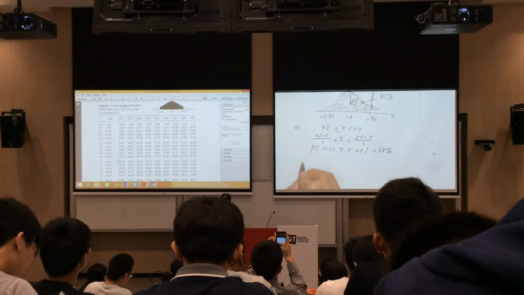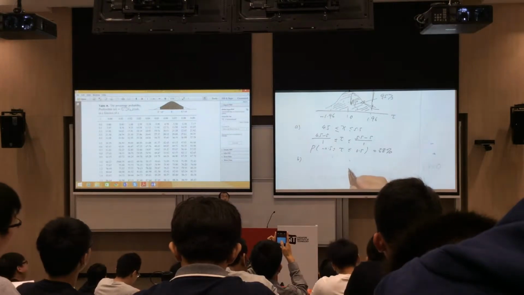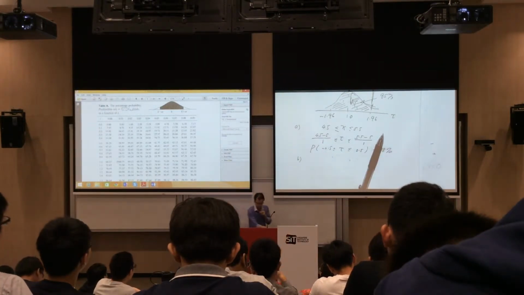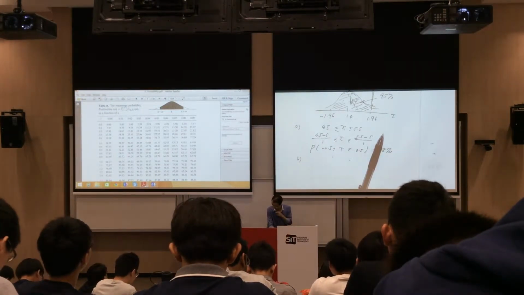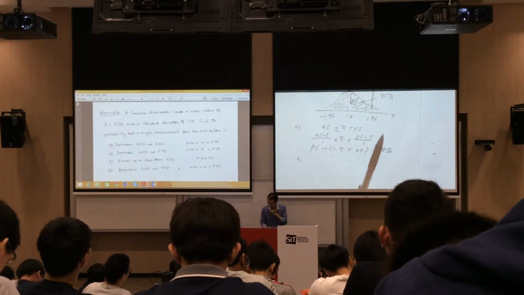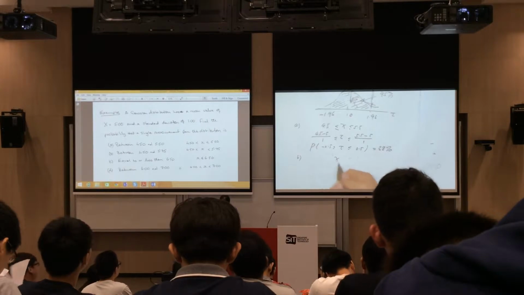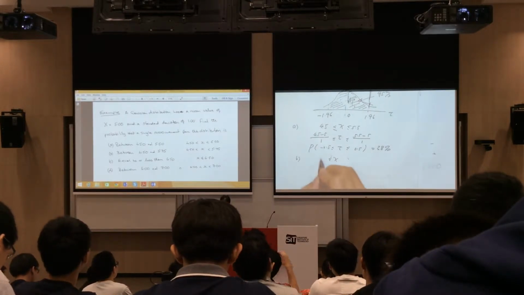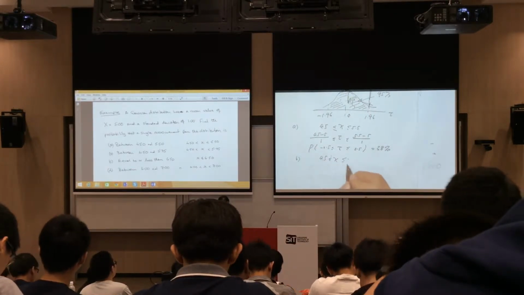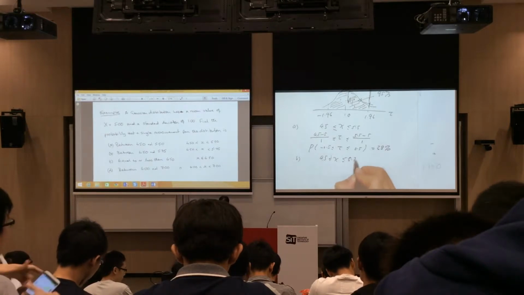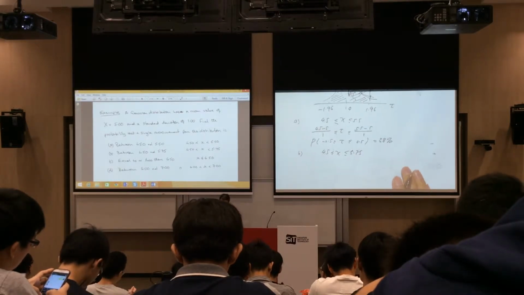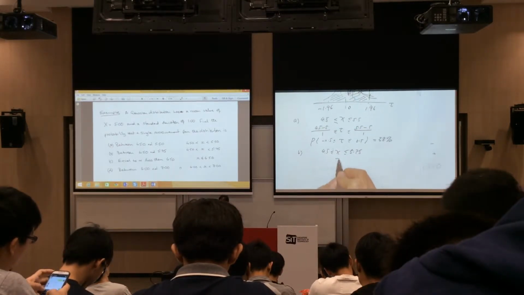Okay, how about part B? What is the probability my measurement is within this range, which is 4.5 to 5.75? Again, you need to do a normalization.